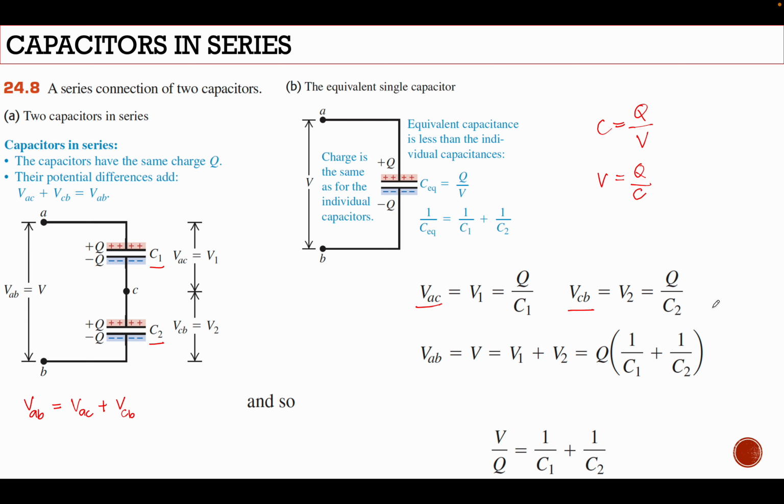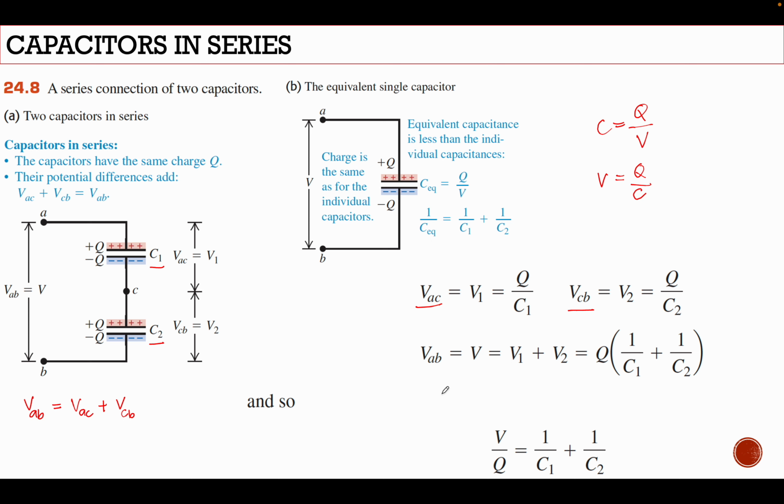If we now want to get VAB, the potential difference from point A to point B, it is the sum of the two potentials, V1 plus V2, which is equal to Q times 1 over C1 plus 1 over C2, because Q is common between V1 and V2 and we factor it out.